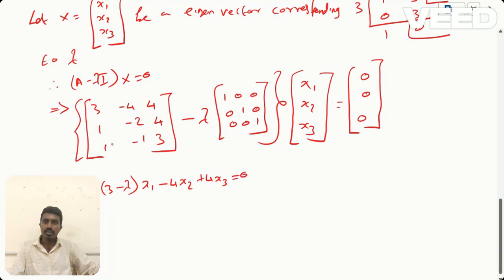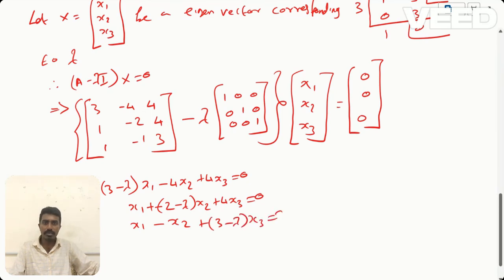Similarly, x1 minus 2 minus lambda into x2 plus 4 x3 equal to 0, and then finally x1 minus x2 plus 3 minus lambda into x3 equal to 0.